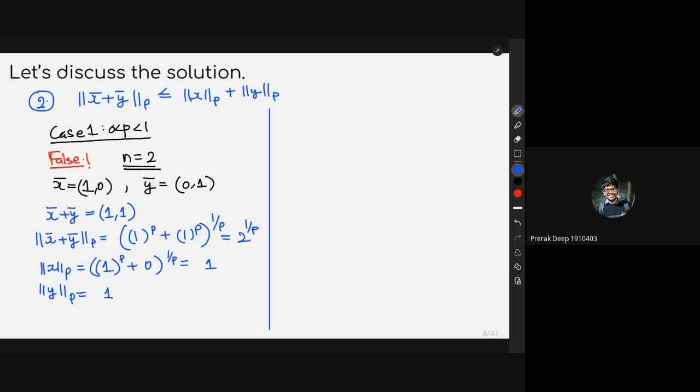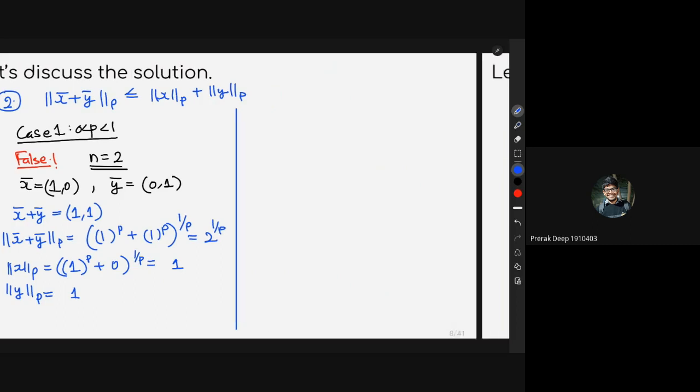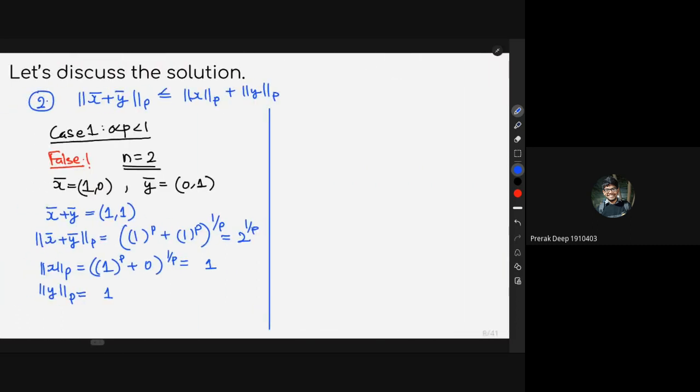And now, if the inequality is satisfied, we need to end up with this relation. This relation needs to be satisfied.